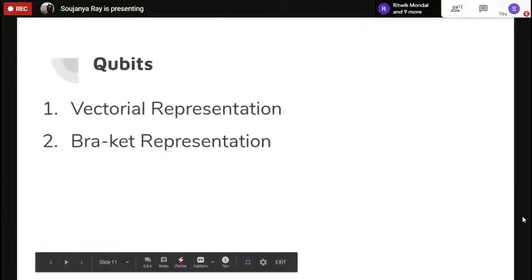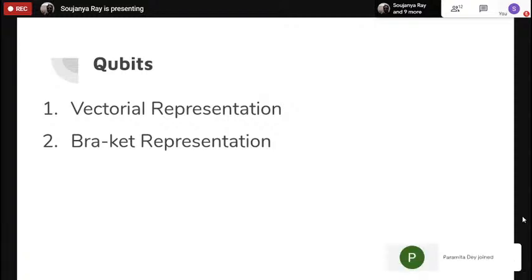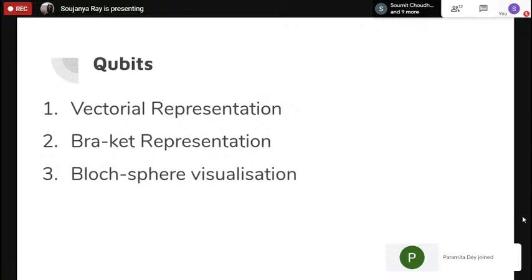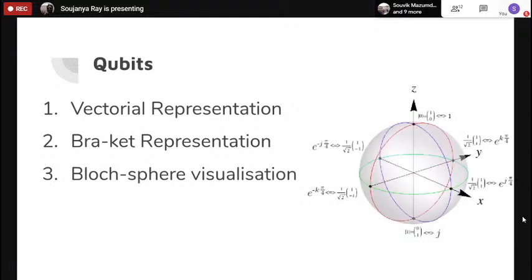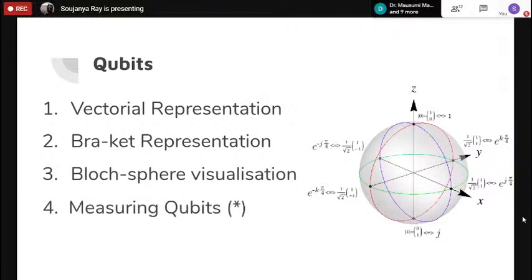And then one more thing you have is the visualization. How can you visualize a qubit? Now, Bloch sphere visualization is one of the best visualizations you have for qubits, and it looks like this. And Ritojit has already talked about this in his talk, so I won't go deeper into this. And lastly, you have measuring qubits. Now, as I told you before, when the qubits are perfectly 1 or 0, we don't have any problem with that.